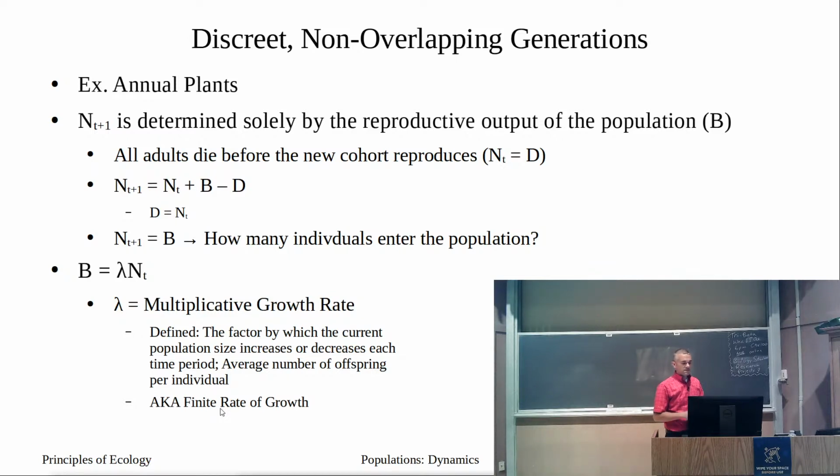It's the average number of offspring per individual, a factor by which our current population size increases or decreases each time period. So if we want to know our population size next year, it's this equation. n sub t plus 1, which is what we're trying to calculate, is b, and b is equal to lambda times n sub t.